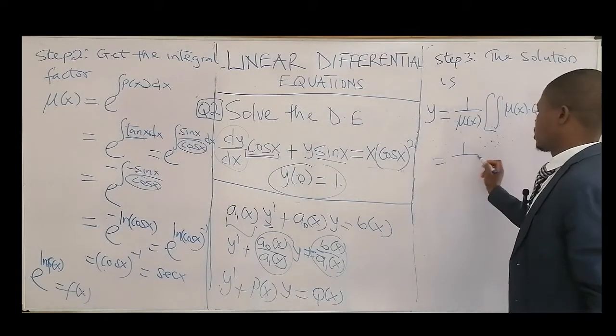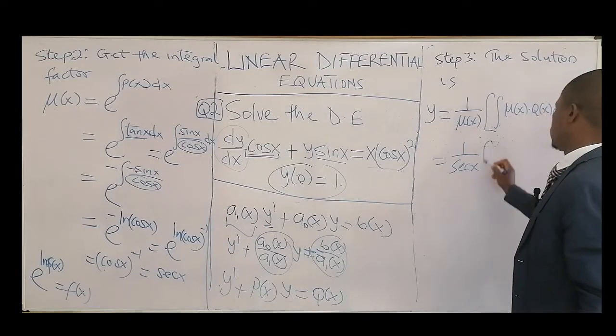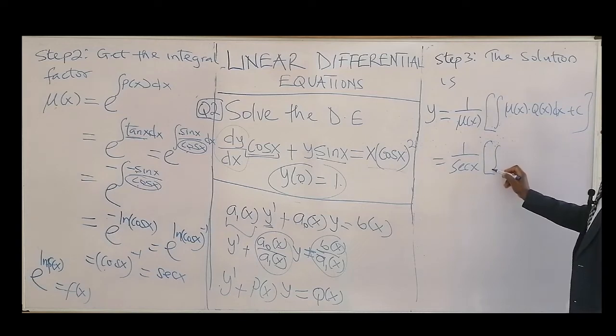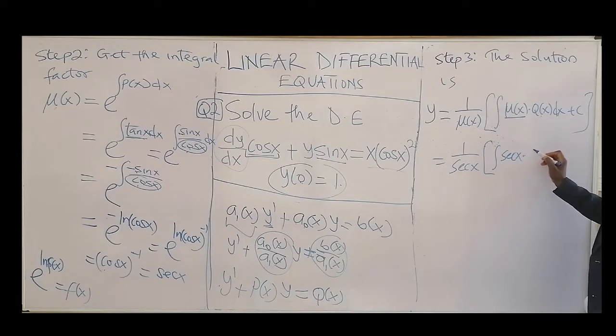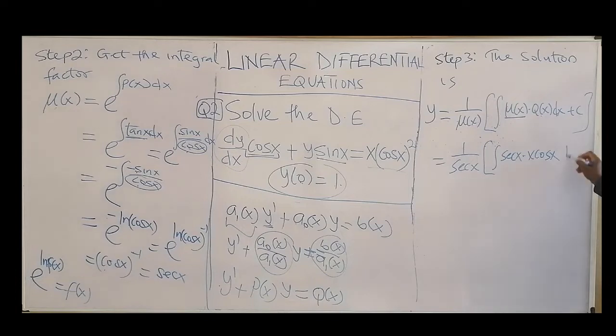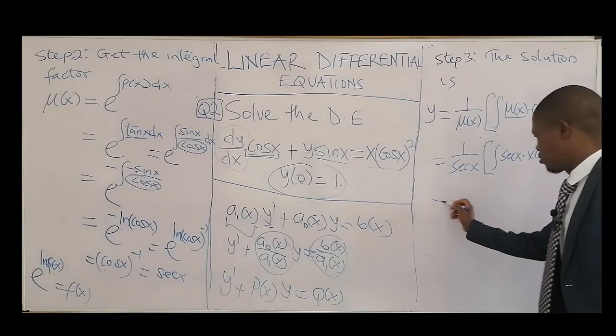The integral factor is sec x. Open your bracket, integral, integral factor sec x, and then q of x is what? Is x cos x. x cos x dx plus c. Okay, so let's break the trig function.